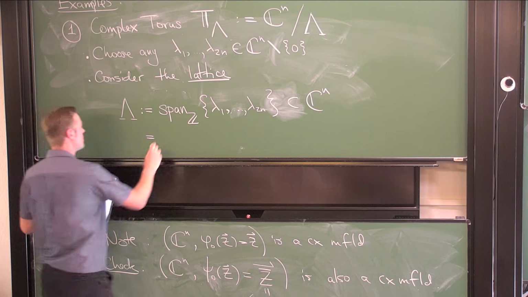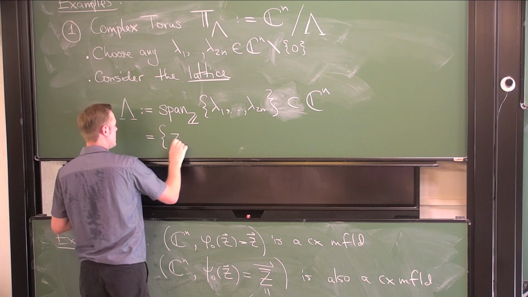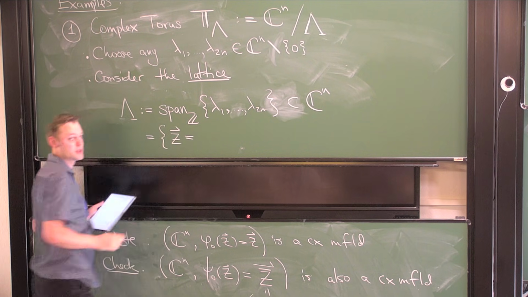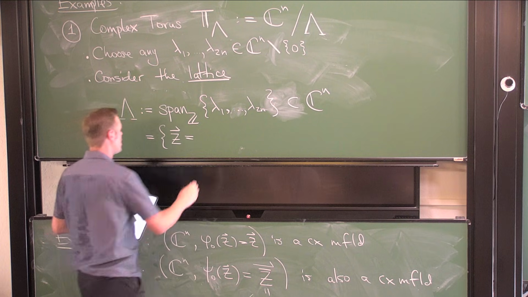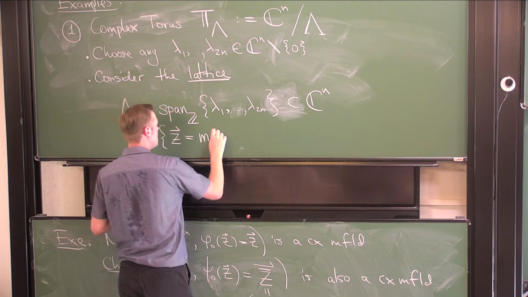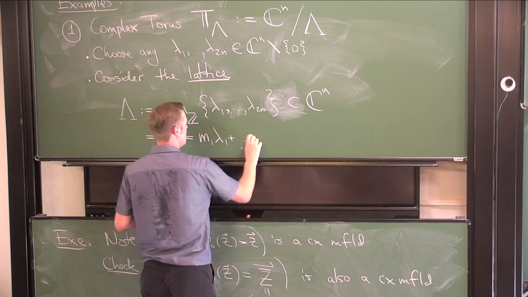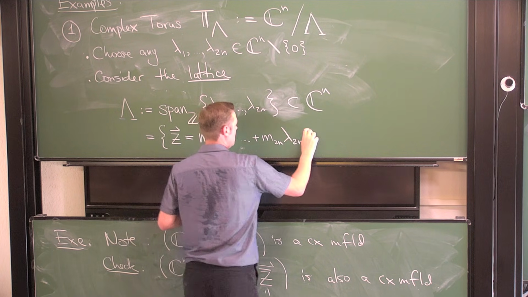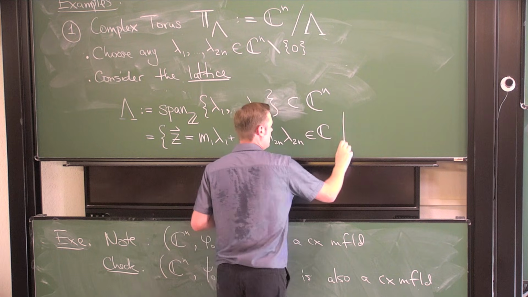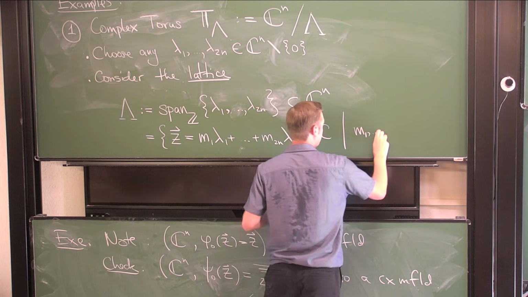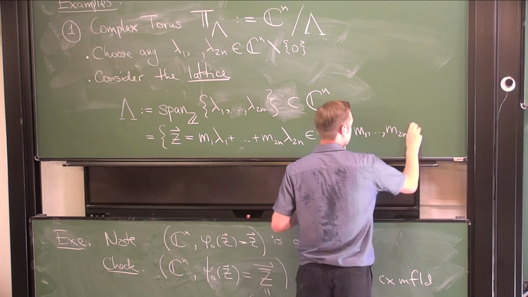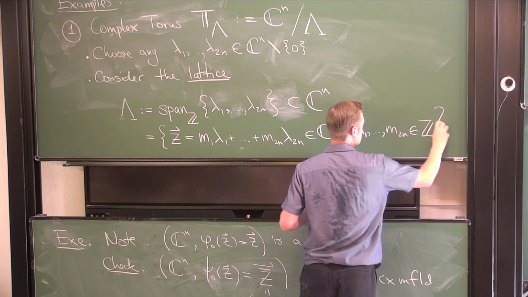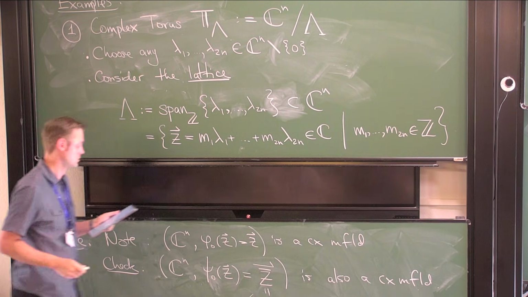Again, let me be completely explicit. These are tuples, all the tuples z, which are integer linear combinations of the lambdas. Like this.